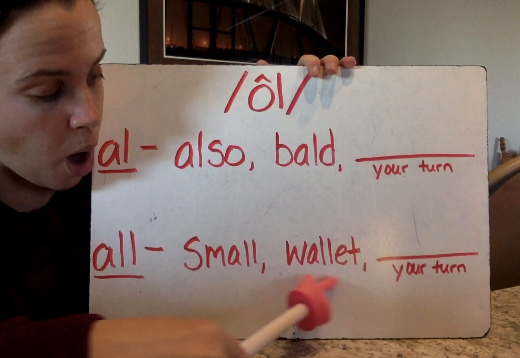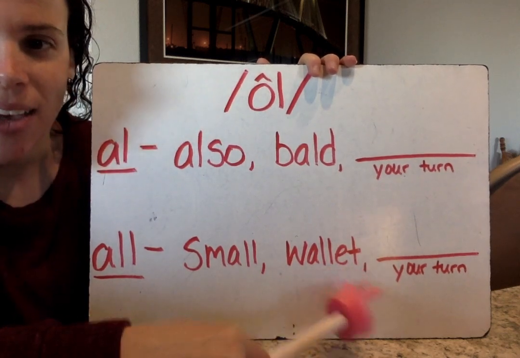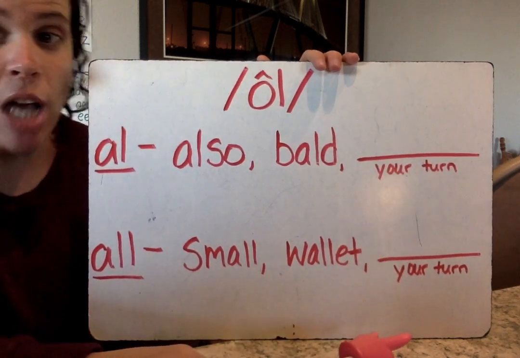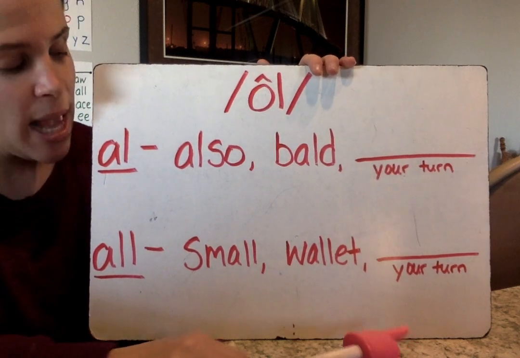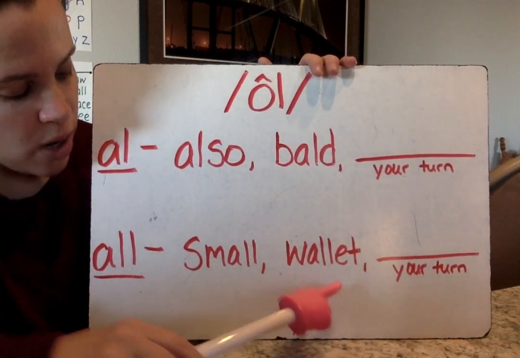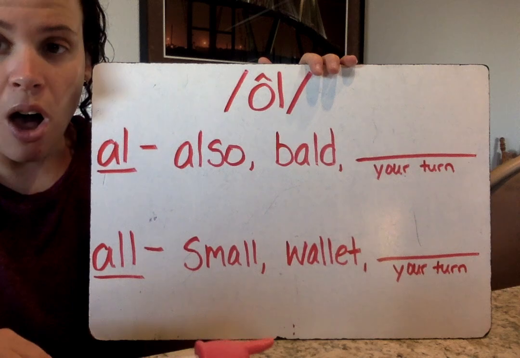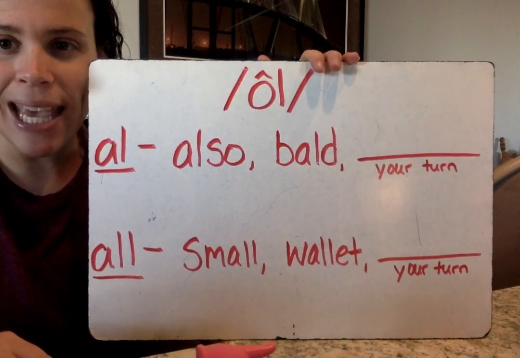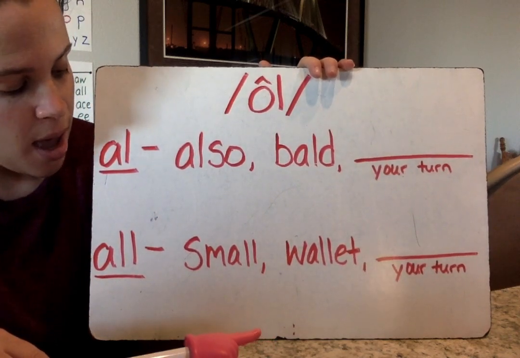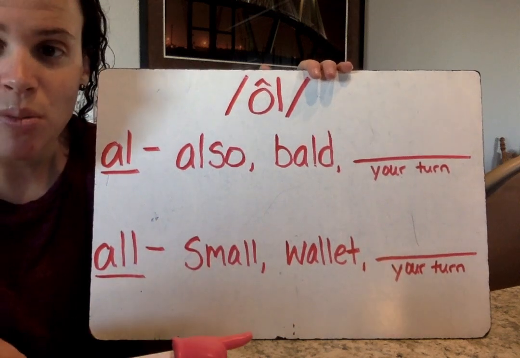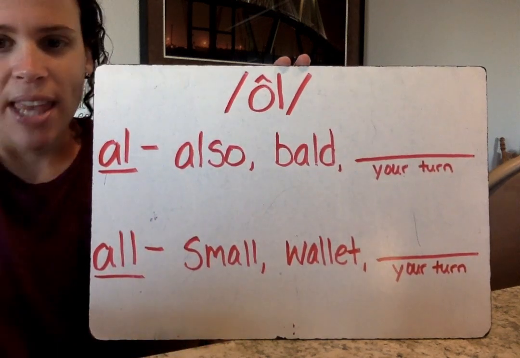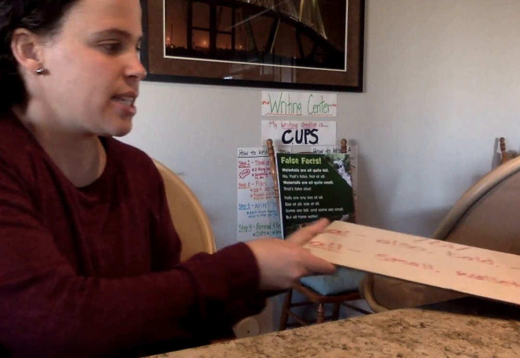Word, wallet. Wallet, okay? I lost my wallet. Oh no! Now your turn. See if you can come up with a word that has all in it, only this time it's spelled A-L-L. Think of words that might rhyme with small. That is your phonics lesson for today.